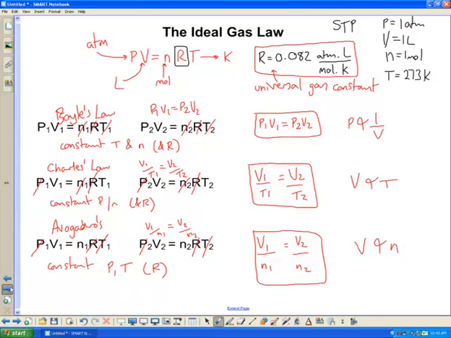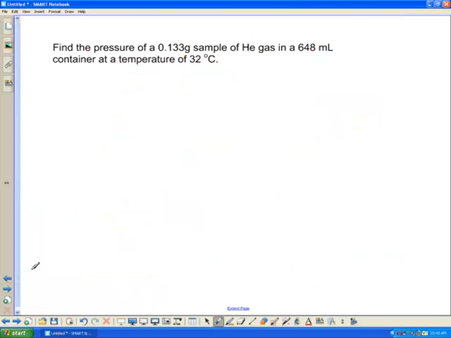Anyway, let's actually get to working a problem using the ideal gas law. So notice this does not say anything about initial and final variables. It tells us to find the pressure. So we've got to find the P. We're given the amount of gas, which we're going to convert into moles.